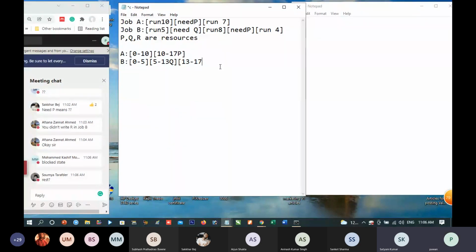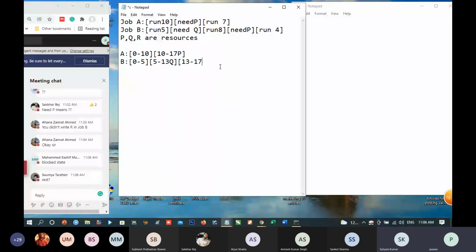Block state means that everything is available, but a job is not executing because of internal reasons, not external reasons. Job itself doesn't want to execute. Job itself wants a rest.